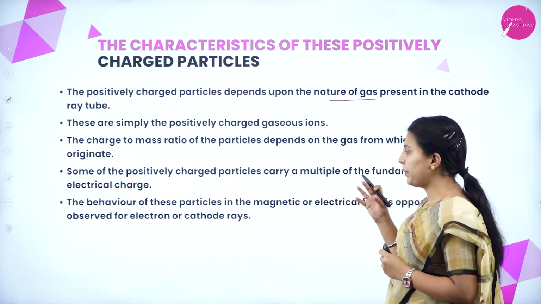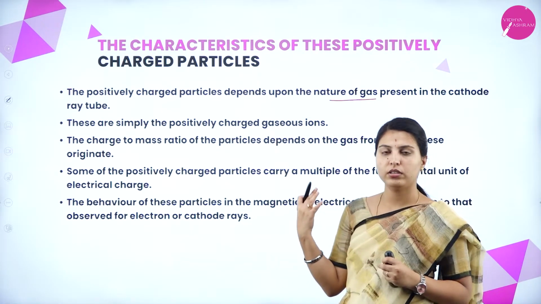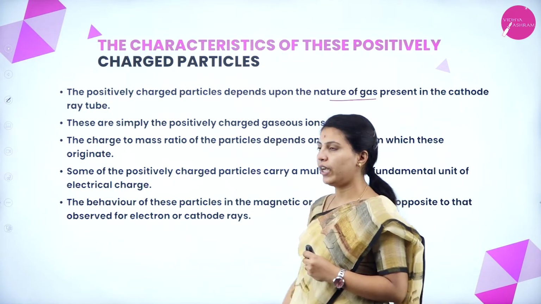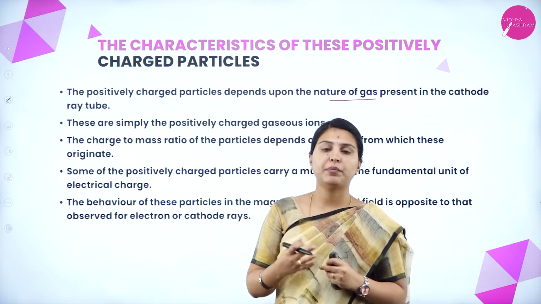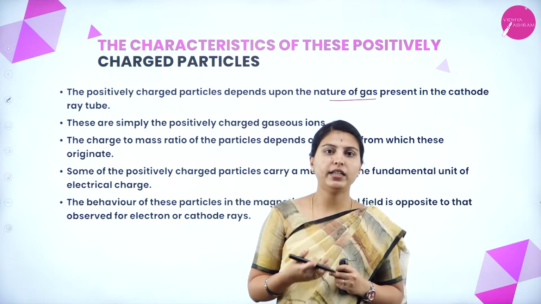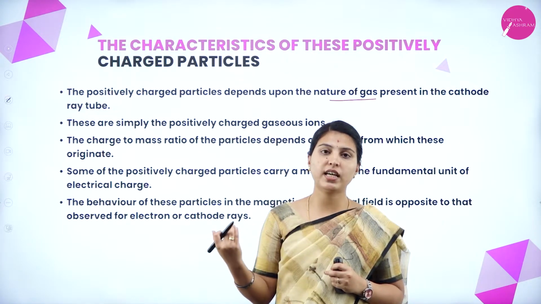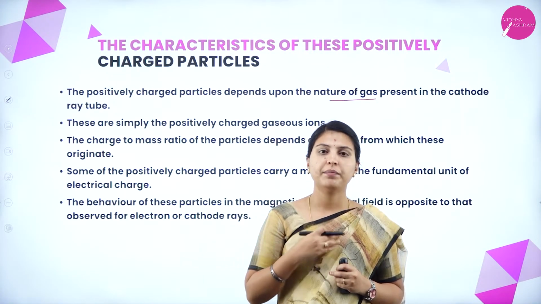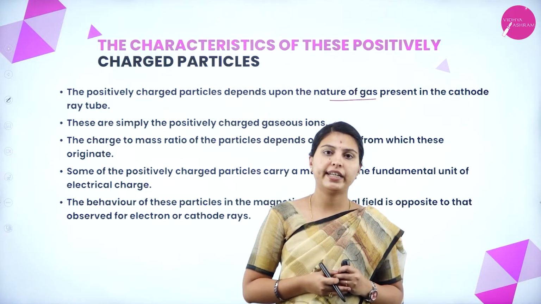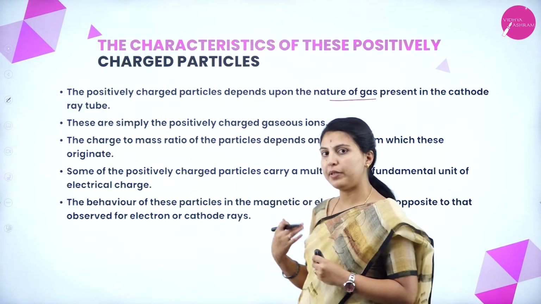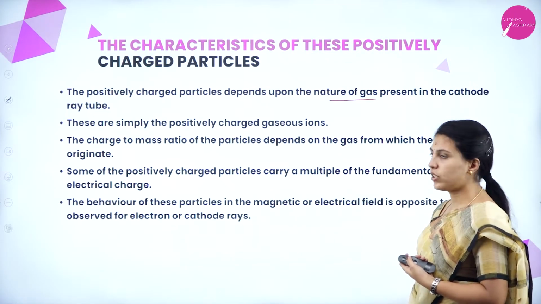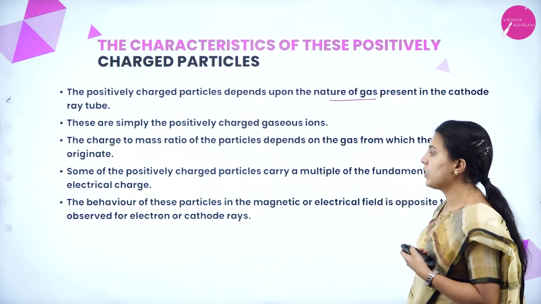This means the behavior of the anode rays is completely different from the cathode rays when subjected to electrical and magnetic fields, because cathode rays move towards the positive end, but anode rays are deflected towards the negative end. These are the observations and characteristics of the positively charged particles.